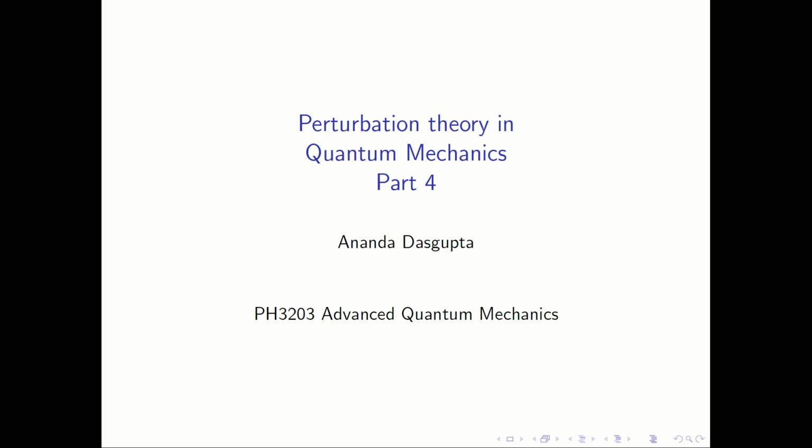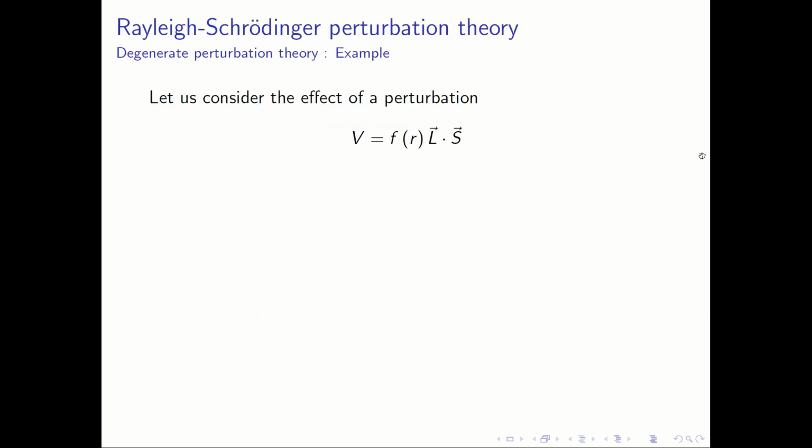Now, in addition to these, there is also a much smaller effect that is called the spin orbit interaction. We have already talked about the spin orbit interaction in hydrogen atom in the past. The spin orbit interaction in sodium is similar. Its mathematical form is given by some function of r times the vector L dot vector s.